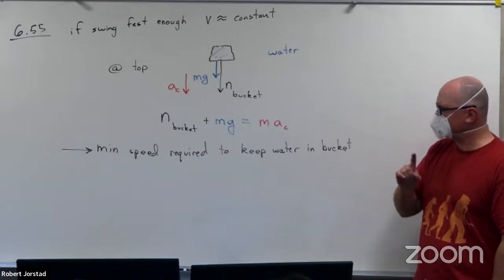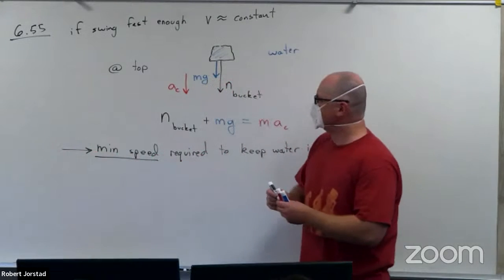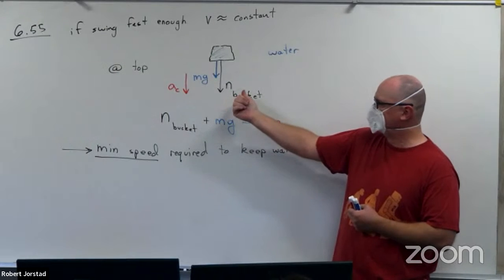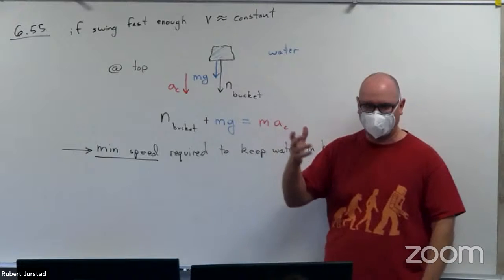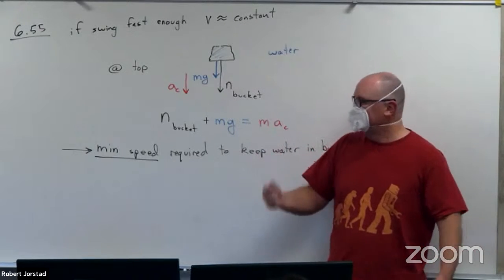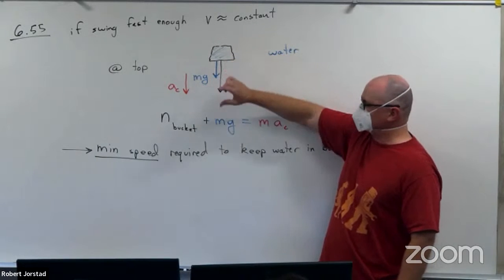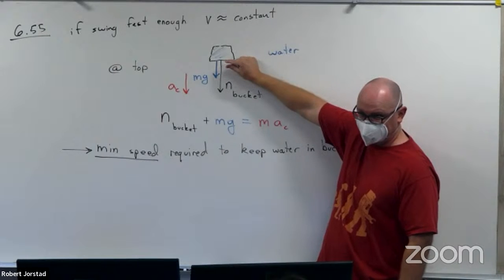Yes. Think about it. If you see this minimum speed, as you go slower and slower, well, let's do this backwards. If you go really fast, do you agree there's got to be a ton of normal force, right? Otherwise, it's not going to rotate in that circle. So going the other way, as you go slower and slower, the normal force shrinks and shrinks.